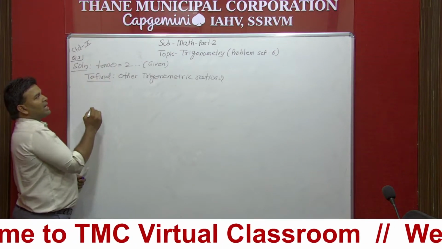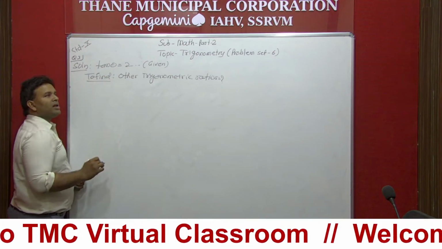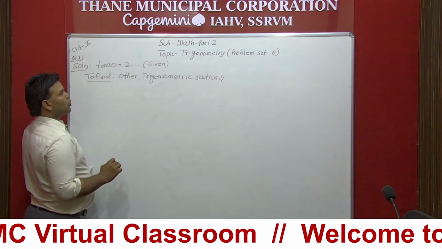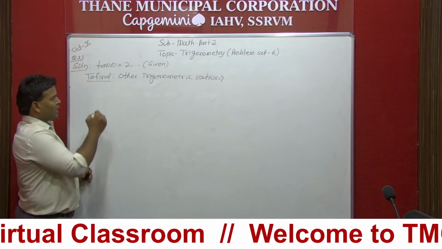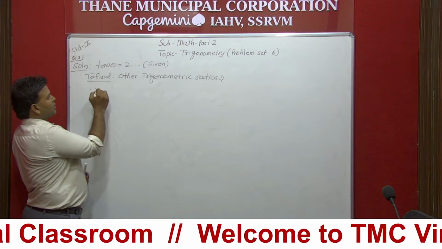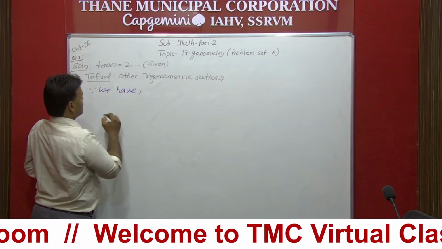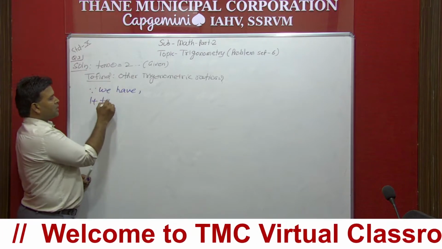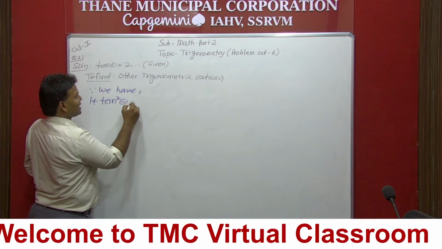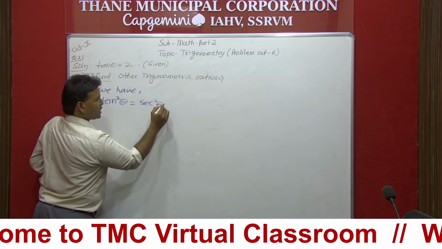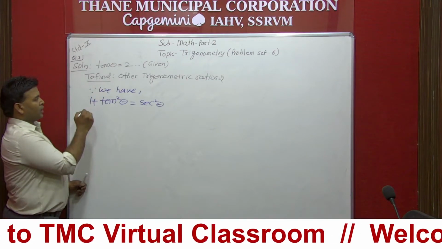We are given tan theta. Now see, tan is given and tan is related to one of the most important identities, that is, we have 1 plus tan square theta is equal to sec square theta.